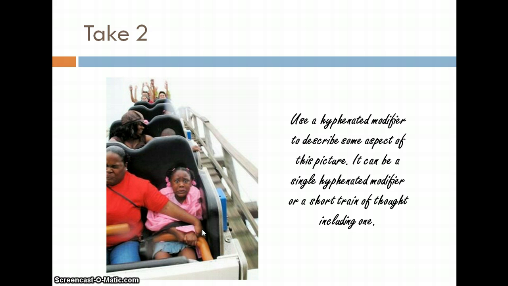The one that I wrote in my composition notebook was, the people in the back were in for a surprise when the girl in the front had the "I-shouldn't-have-eaten-that-corn-dog" look on her face as the cart plummeted downward. So the "I-shouldn't-have-eaten-that-corn-dog" look, right? Go ahead and take a minute and try and write your own hyphenated modifier sentence to describe something that's going on. Again, you may want to press pause as I'm going to go ahead and go to the next slide.